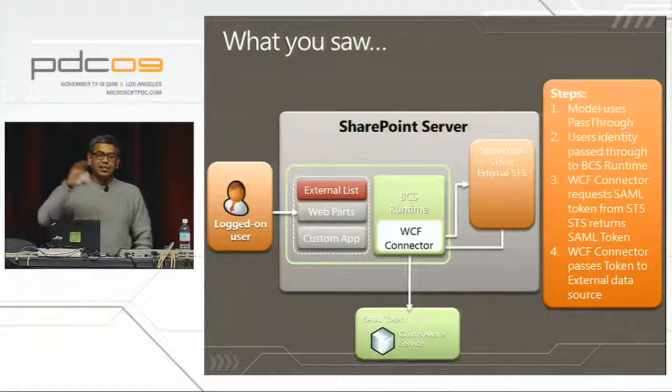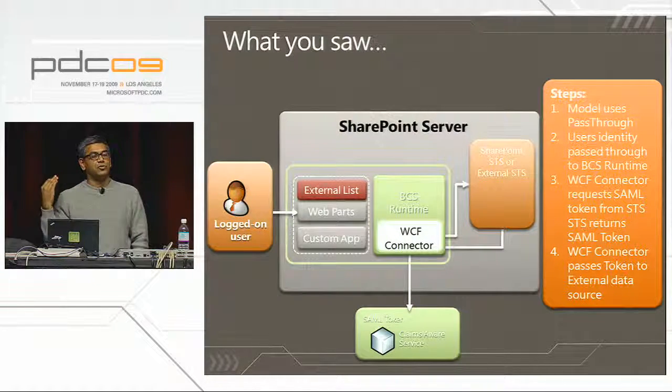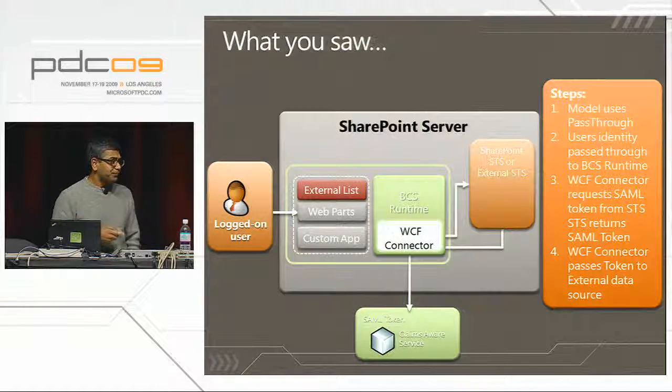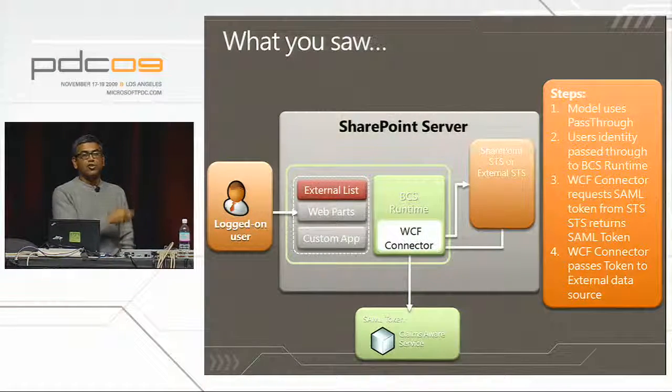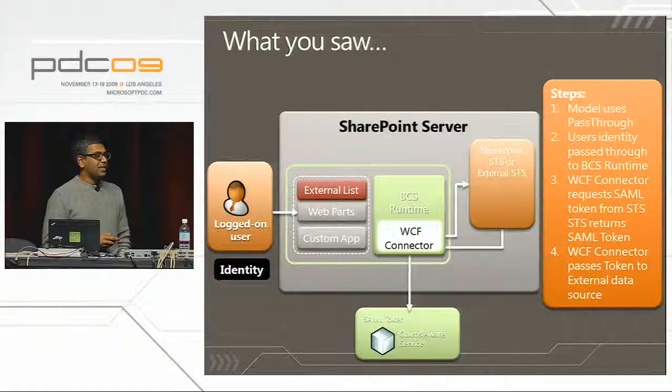And the model will read the WSDL, and you can say, how do you want to authenticate? In this case, what I'm going to show you is what's called pass-through, which means it's going to pass through the identity of the end user through the web service. And this is all coded inside, so you don't have to worry about writing this code yourself. So what happens is the identity came in.